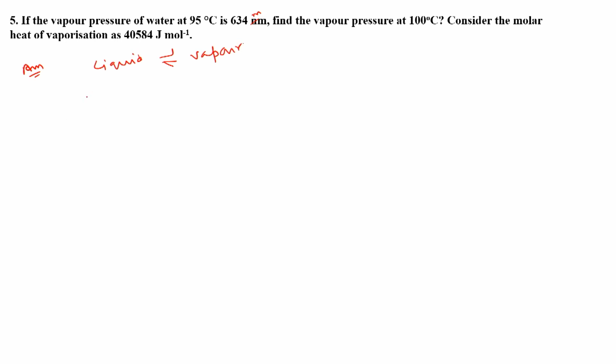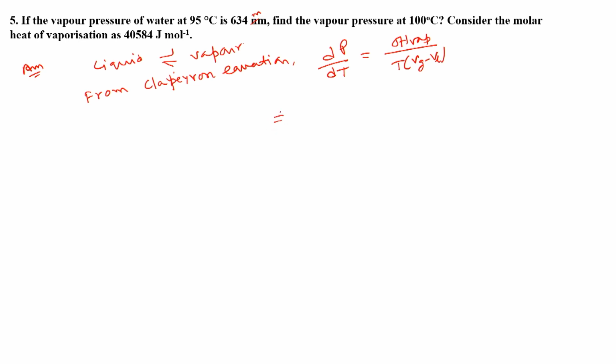From the Clapeyron equation we can write dP by dT is delta H vaporization by T times (Vg minus Vl), right.